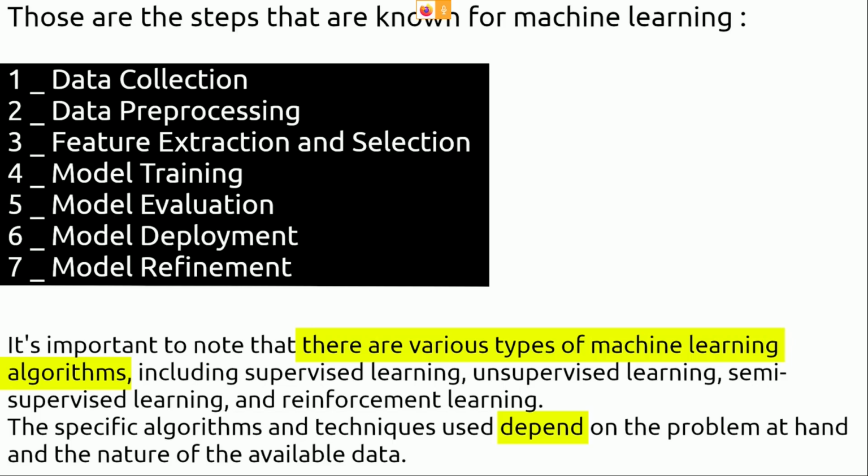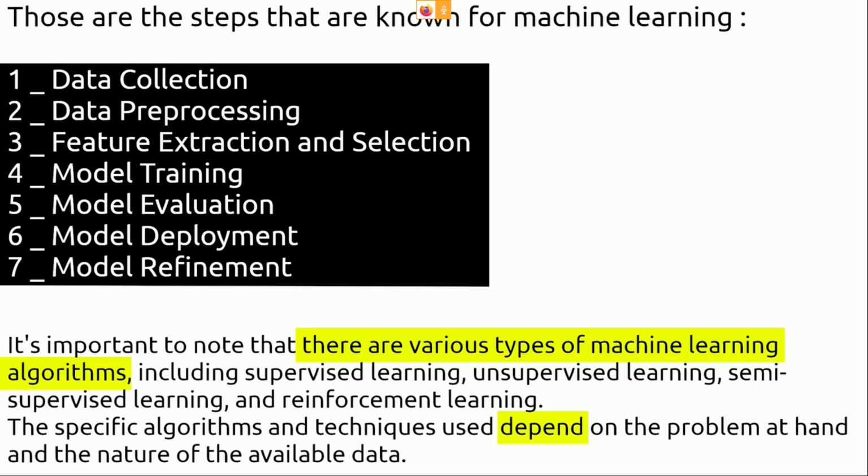And after that there is the feature extraction and selection. So after doing the data pre-processing we need to do feature extraction and selection, and after that we will train the model, we will evaluate the model, and we will deploy the model. And after all those steps, we can refine the model, okay?